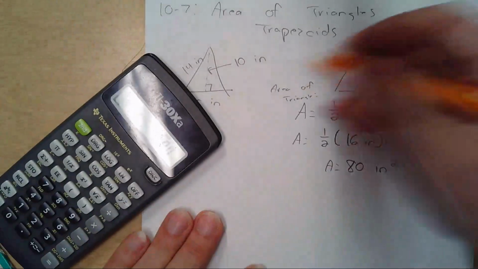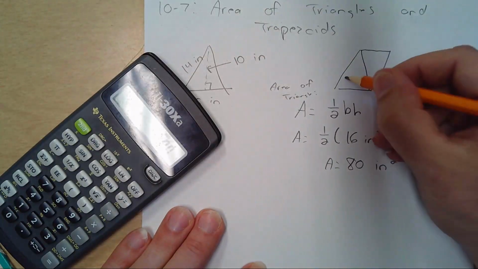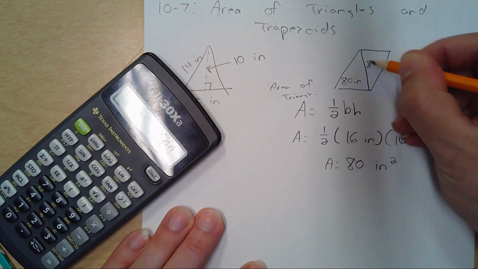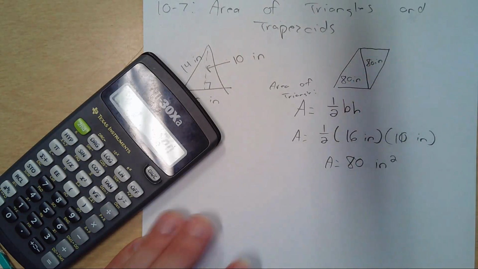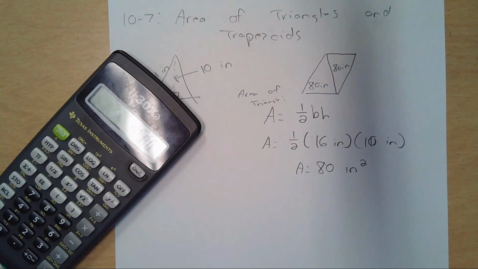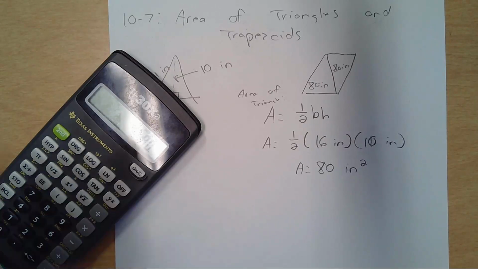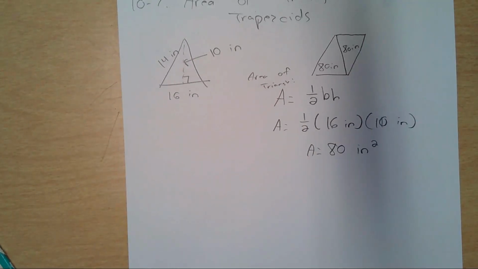And again, if this was that, and just say this is 80 inches squared, well, this would also be 80 inches squared, and then the parallelogram itself would have an area of 160 inches squared. So triangles are always just half of parallelograms. If you make a perfect copy of the triangle and just attach it to the one you got, you will have made a perfect parallelogram with 2 sets of parallel sides that are congruent to each other. So there we go, triangles.